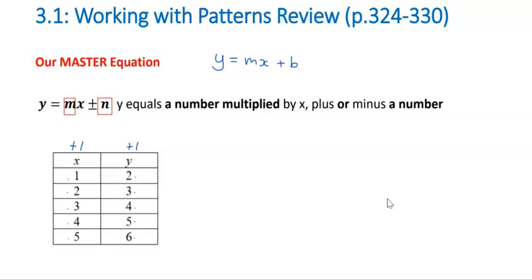To build an equation from a table of values, we will start by writing y is equal to the number multiplied by x, which is your y pattern. Our y pattern is a +1 pattern. So we're going to write 1x, which is just x. And then we're going to determine what we need as our bridge.